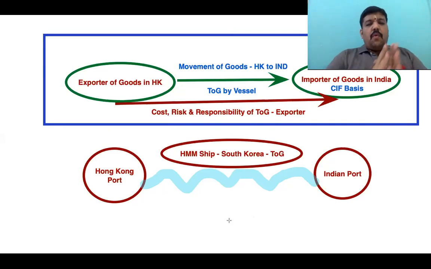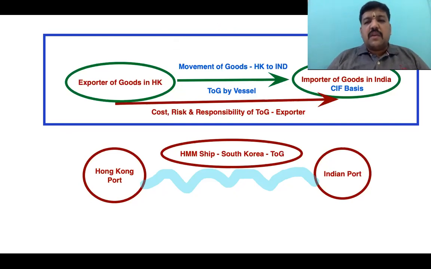Now, when goods move from Hong Kong port to the Indian ports through a particular ship by the name of HMM, my first question is: who is the supplier of service? Transportation of goods service by vessel. My question is very pointed.